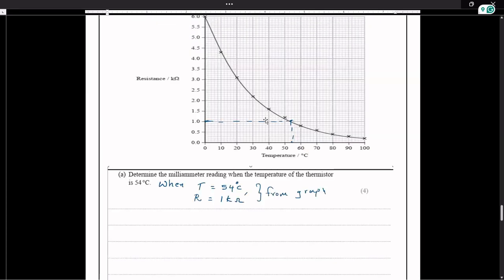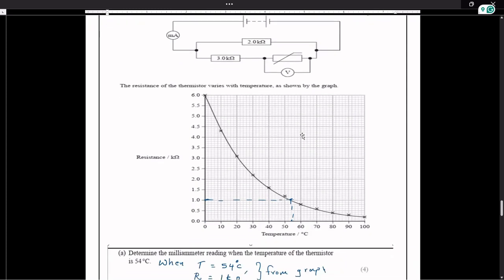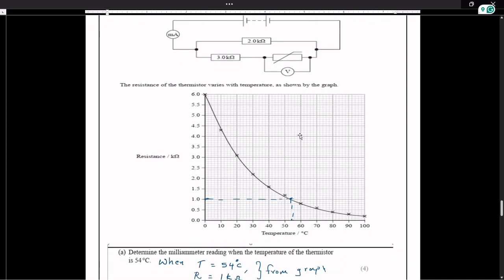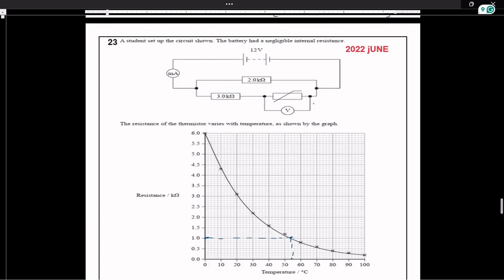Now they are asking you to calculate the milliammeter reading. So let's go back to the circuit. So we got the resistance of the thermistor. This is the resistance of the thermistor, which we got from the graph, approximately 1 kilo ohm.